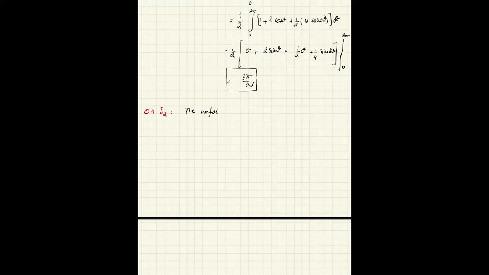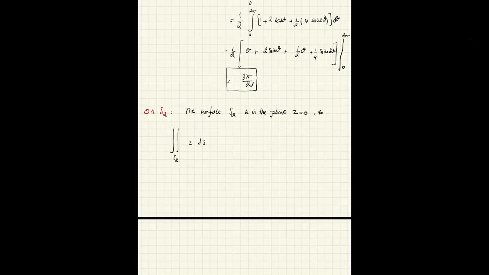The surface S2 is in the plane z equal to 0. So, I mean, you don't have to do anything here because, yeah, you can. You can do the same thing.